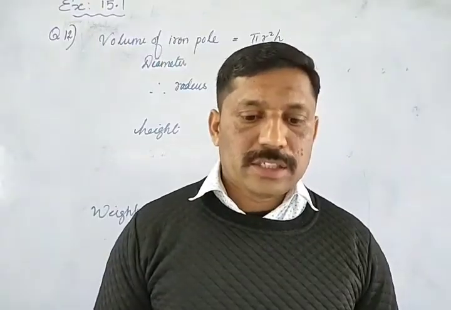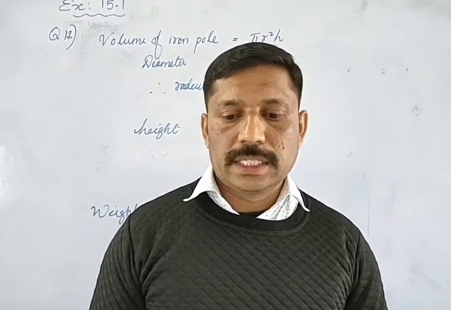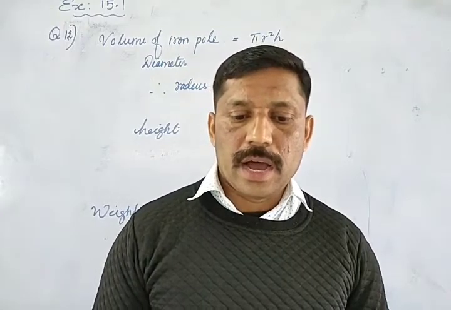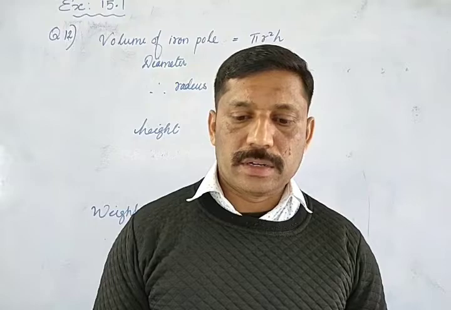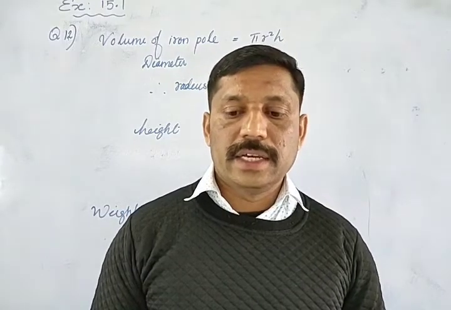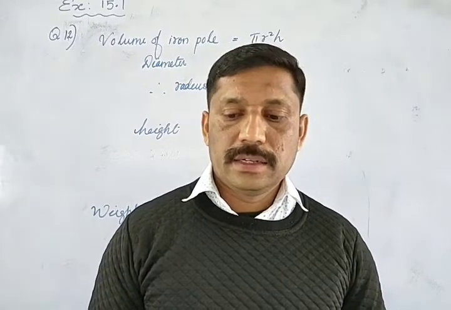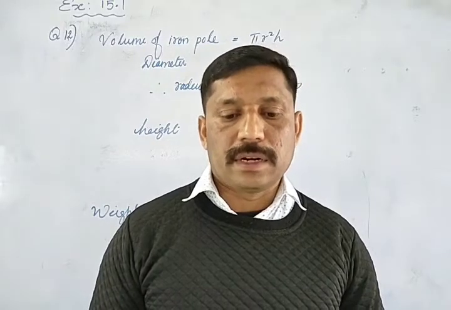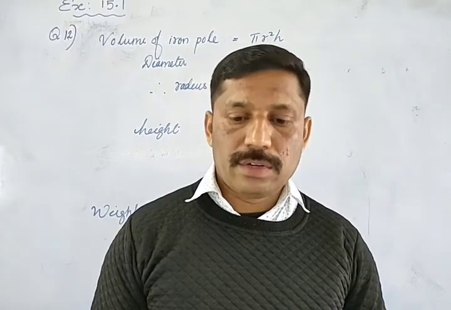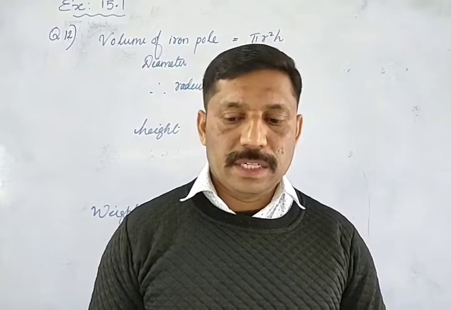Students, the last question in that exercise: an iron pole is 4 meter high and 28 centimeter diameter. Diameter is given in centimeter, so we have to convert into meter, because height is also given in meter.